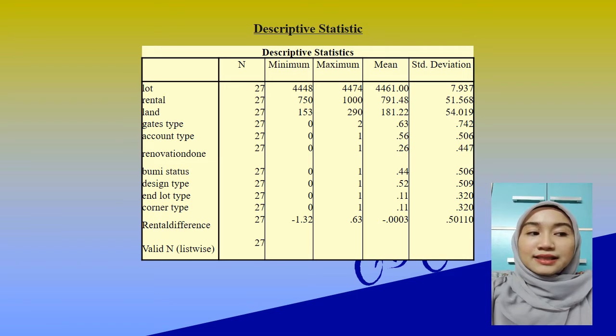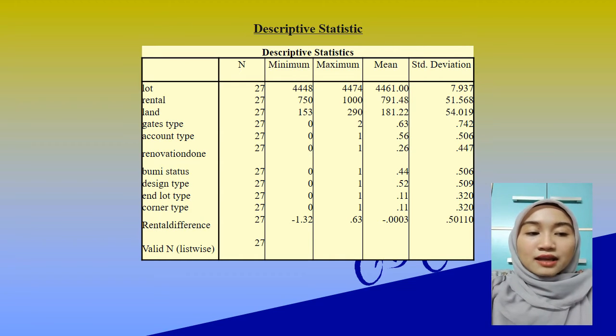Besides, for the land, the minimum number of data is 153 with the maximum number of data that is 290, while its mean is 181.22 and the standard deviation is 54.019. In this category of variables, it shows that the highest standard deviation is for the land.